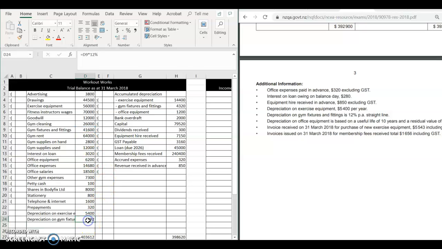All right, 4992. So we're going to add it to accumulated depreciation on gym fixtures and fittings. Good, balance on the bottom. Add left, add right. Next one is depreciation on office equipment.